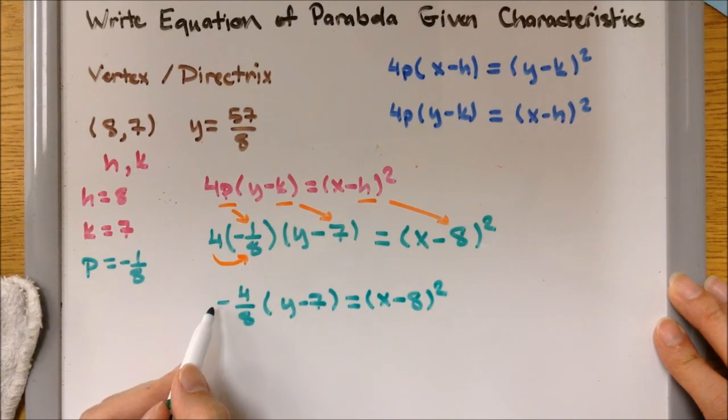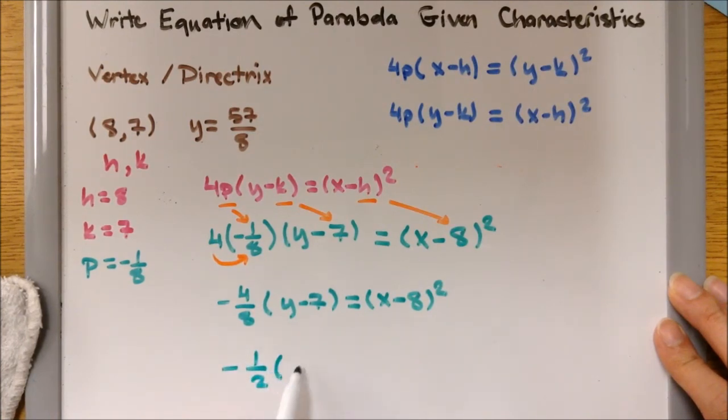I'm going to simplify because I'm not done. I'm going to simplify negative 4 over 8. That's going to become negative 1/2 times y minus 7 equals the square of x minus 8.